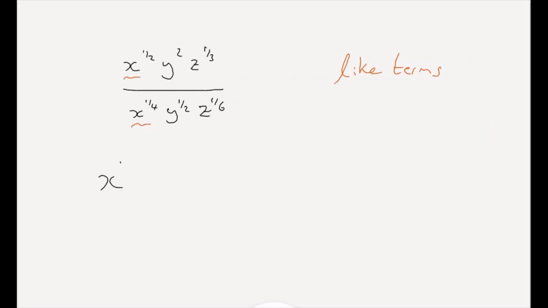Well, it's a half on the top, so it's a half minus a quarter. Put that in a bracket. Don't try and work it out at this stage, just write it down. We'll do the working out in a minute. Here we've got 2 minus a half on the y, and on the z, we've got a third minus a 6th. So let's write that in the bracket.